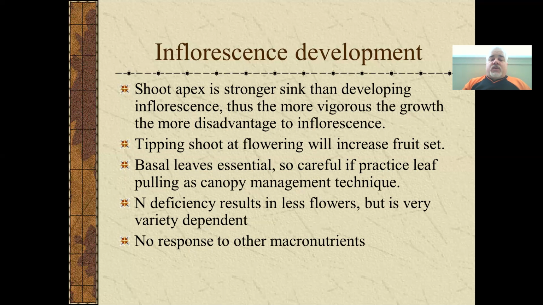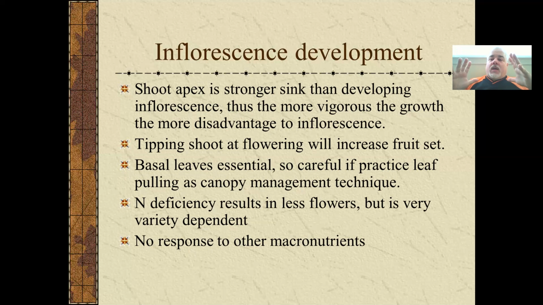The basal leaves are essential in the development of the inflorescence. A lot of those basal leaves, they're the nearest leaves to your clusters on most varieties. The clusters develop in the lower portion of the cane or shoot, and the basal leaves are nearer and therefore more important in the pull of the sink of those developing inflorescences.